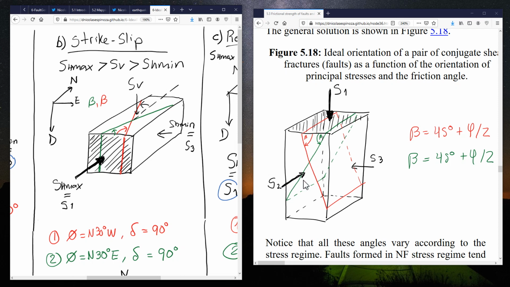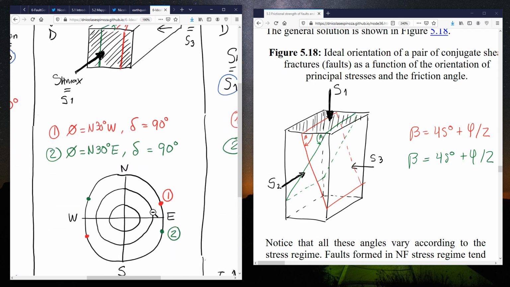And because we know that principal stresses are all perpendicular to each other, that also makes that plane at that intersection perpendicular to S3. So in the strike slip case, as long as the vertical stress is a principal stress, the dip is going to be 90 degrees. If we take a look at that in stereo nets, we'll see something like this.